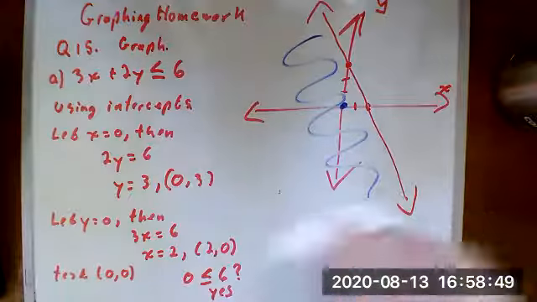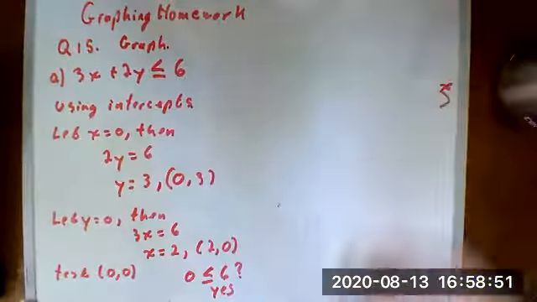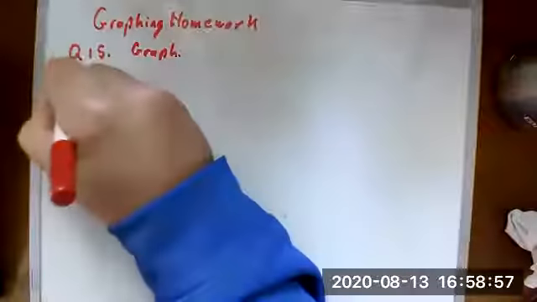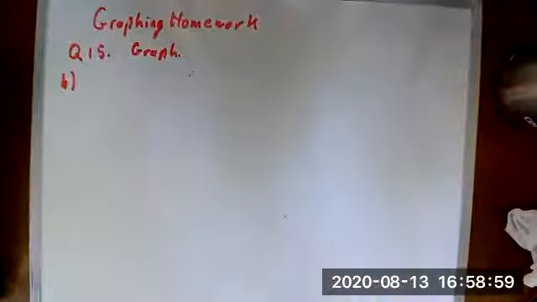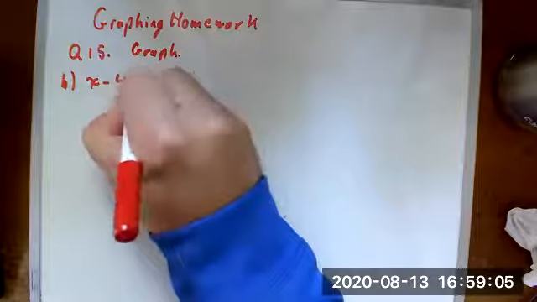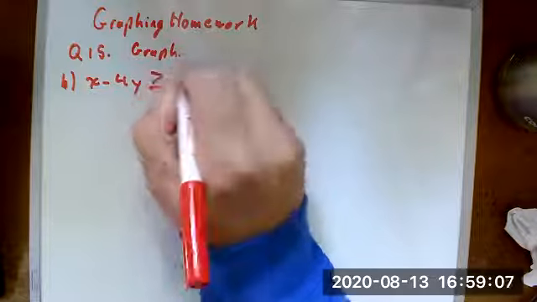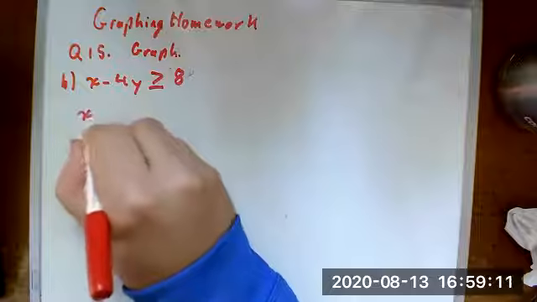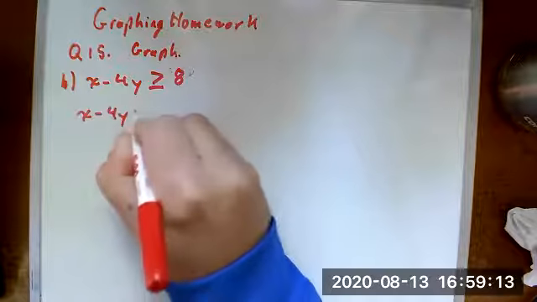Okay, going on to b. Which I think is x minus 4y greater than or equal to 8. We start with the related equation, x minus 4y equals 8.